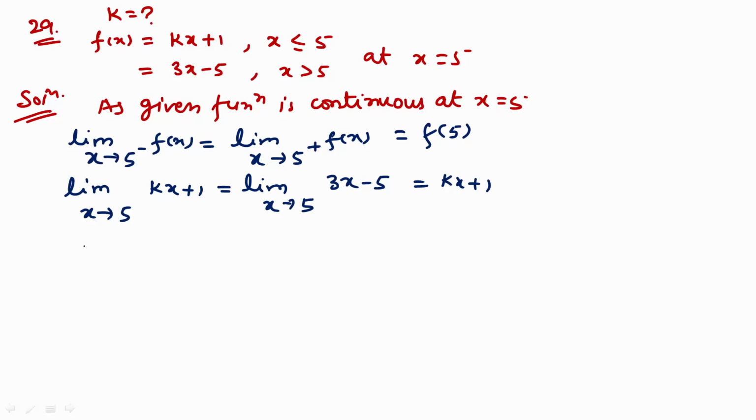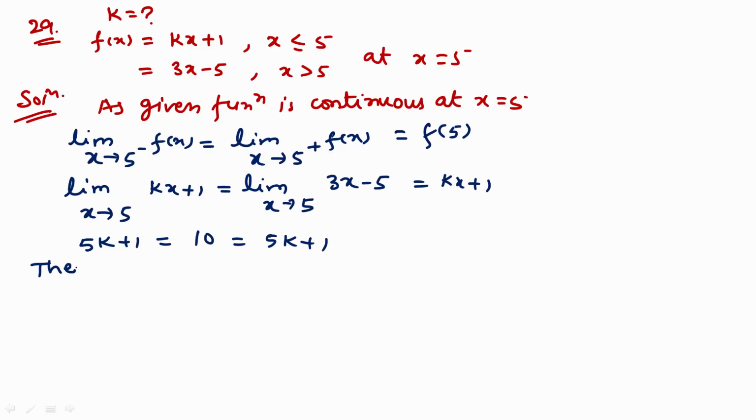On taking limit, 5k plus 1 is equal to 3 into 5, 15 minus 5, 10, is equal to 5k plus 1.